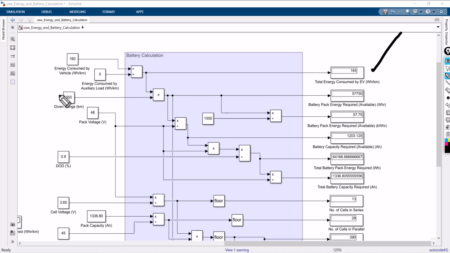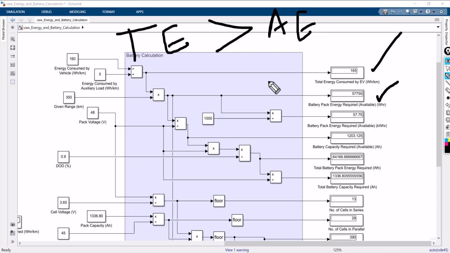I have to multiply with 350, which is my range of vehicle. If you multiply 165 with 350, this will give you the available battery pack energy required. There is a lot of difference between available and total. Total energy is always higher than available energy. So as of now we calculated only the available energy.